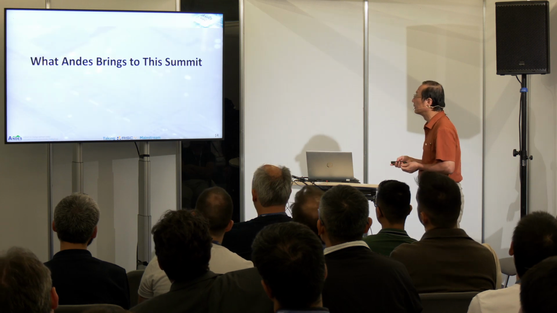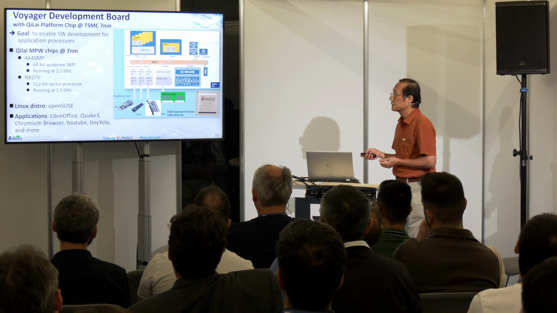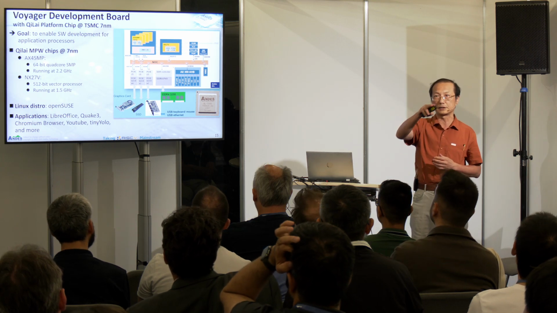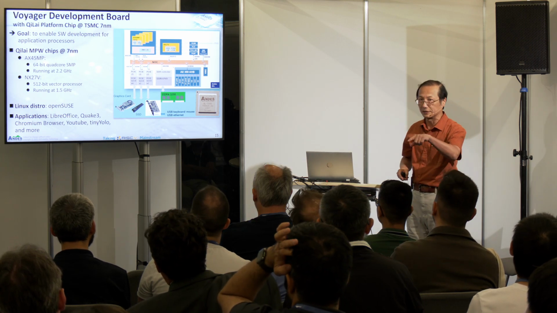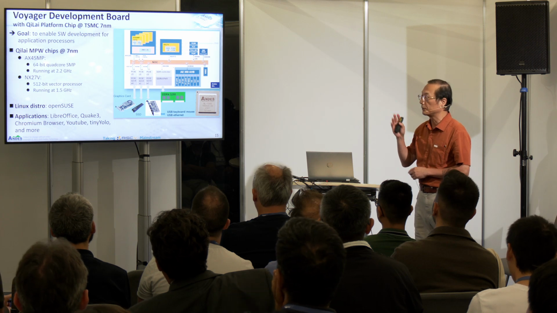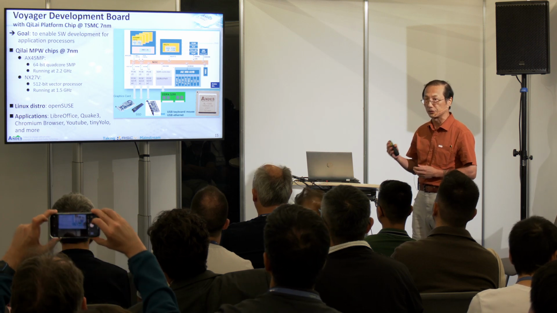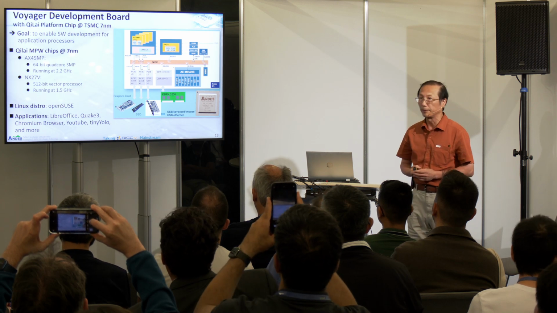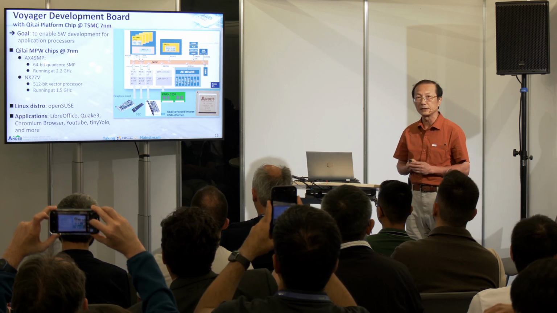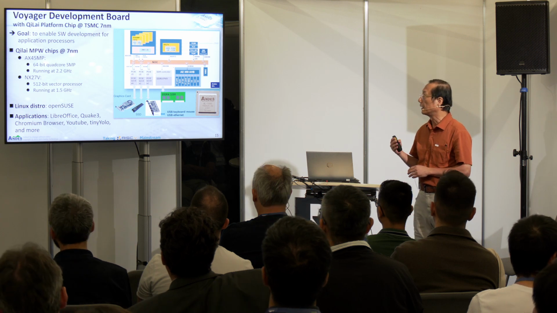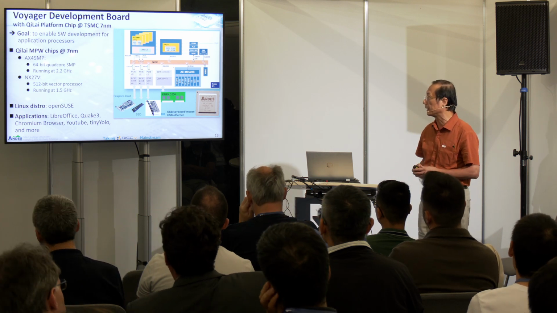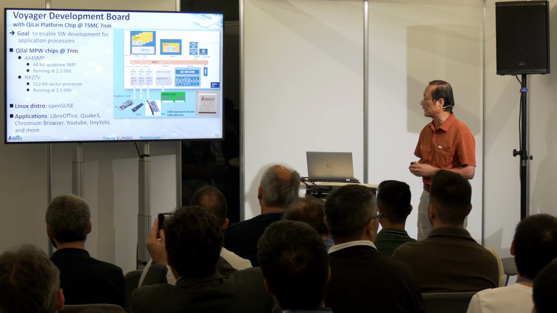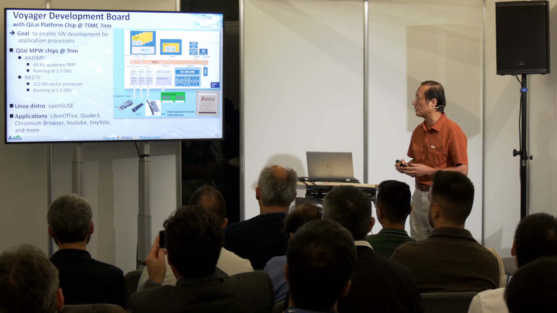So we have a booth here. You are welcome to visit our booth. It's just the neighbor of this place. Welcome to take a look at the Voyager demo board, which comes with a platform chip manufactured in TSMC 7 nanometer process. It's running openSUSE with other applications such as LibreOffice, Quick3, and so on.